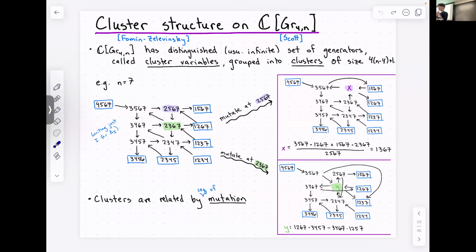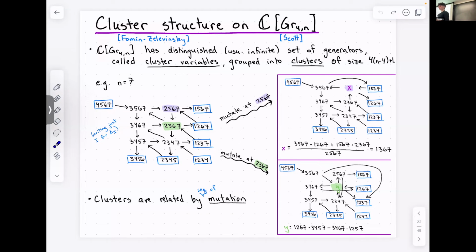And the meat of this statement is that the clusters are not arbitrary, but instead they're related by mutation, which is a very rigid combinatorial operation. If you remember from Christina's talk, here's a cluster for Gr(4,7). It consists entirely of Plücker coordinates.